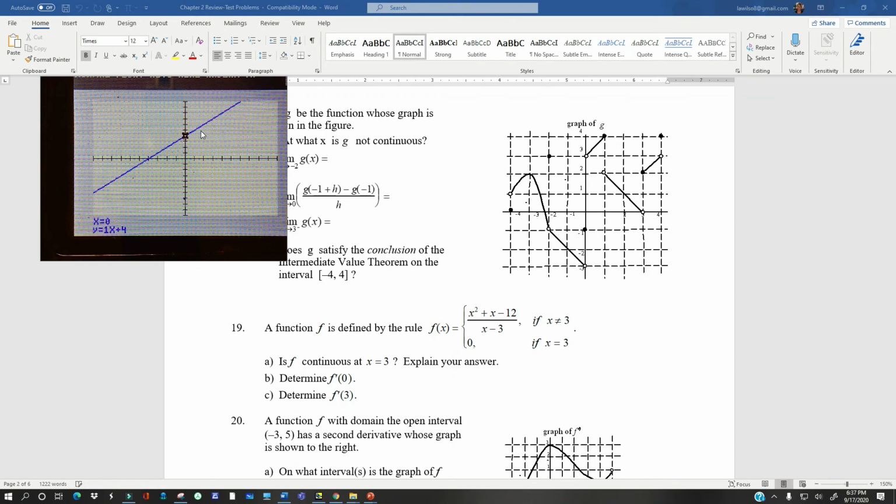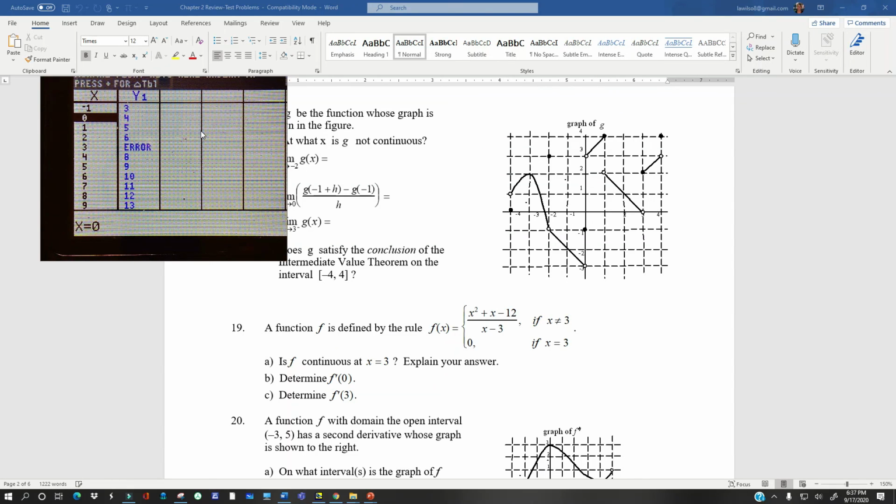If you look at your table, we saw that a minute ago. Technically speaking, because there's a hole in the graph, the derivative can't exist at that hole. You just can't see the hole, okay? So the derivative is not going to exist.